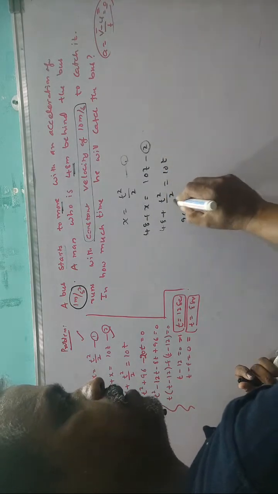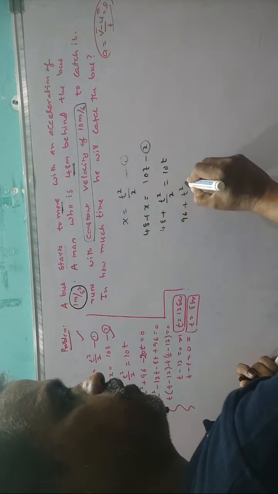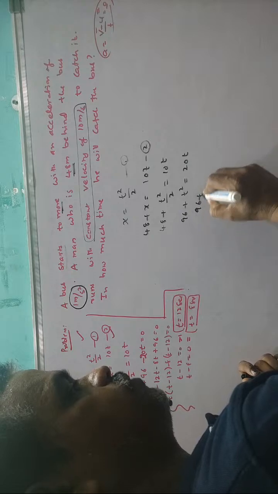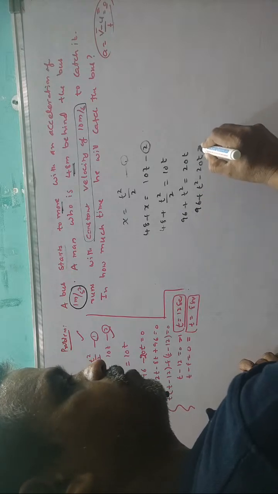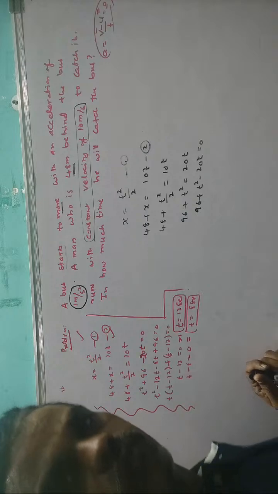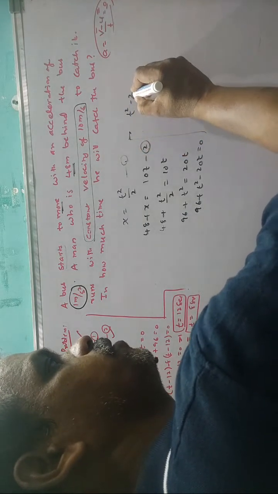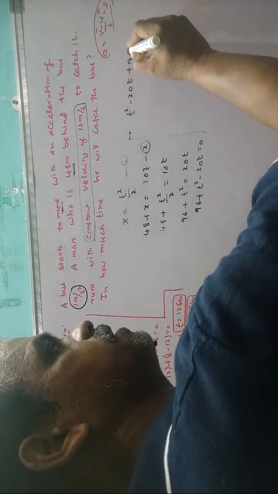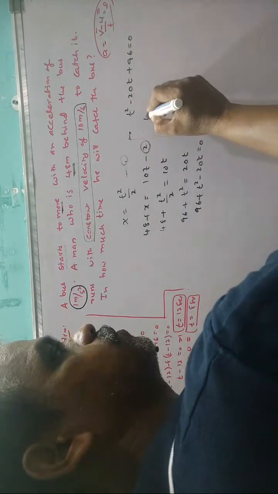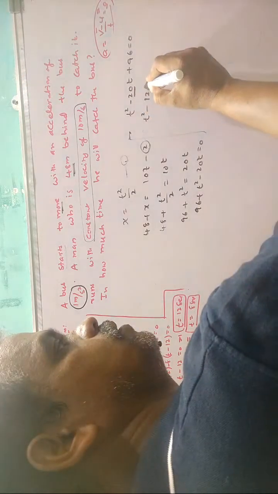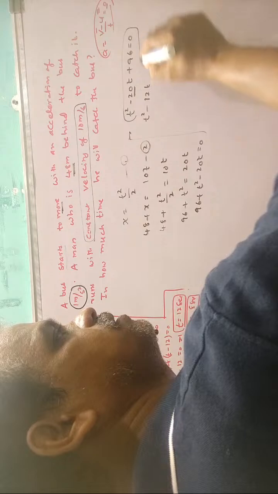So 96 plus t squared equals 20t. 96 plus t squared minus 20t equals 0. So t squared minus 20t plus 96 equals 0. This we can write as a quadratic equation in terms of t.